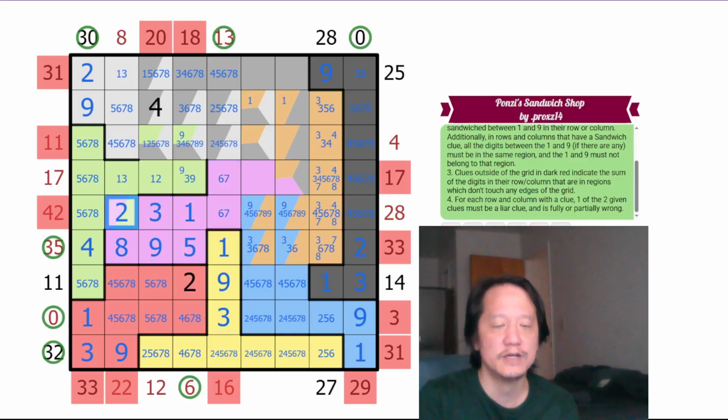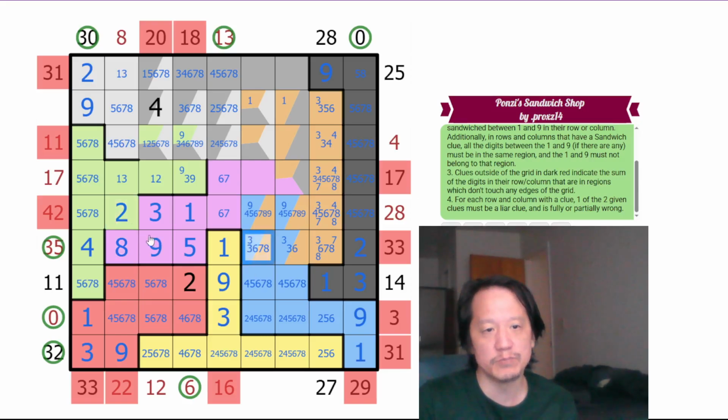It's 8. So this is not part of pink here because we have 8 already satisfied in column 2 for cells in regions that don't touch the edge of the grid. So this is not pink. This must be green. And therefore, green is done as a region. So these are not green here. This is 6, 7 as a pair here, so this could be 2 or 4.